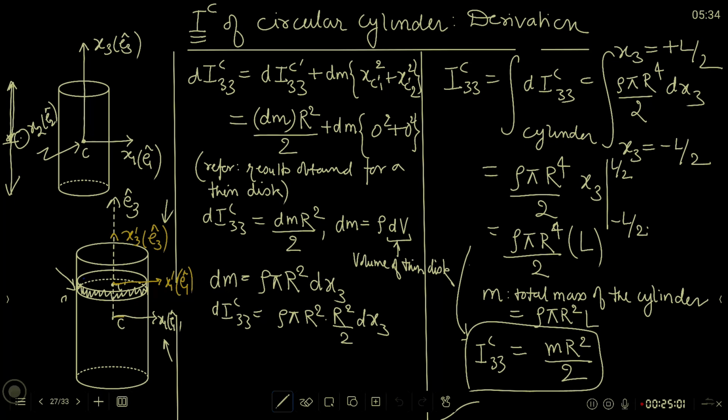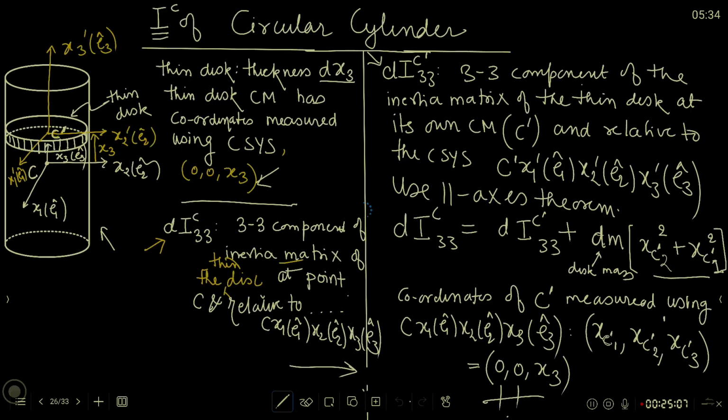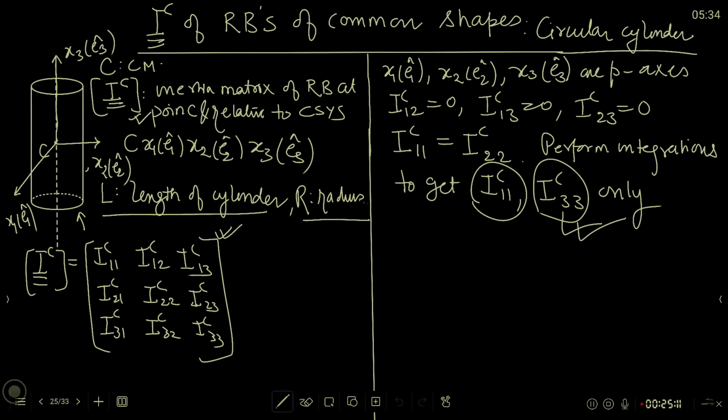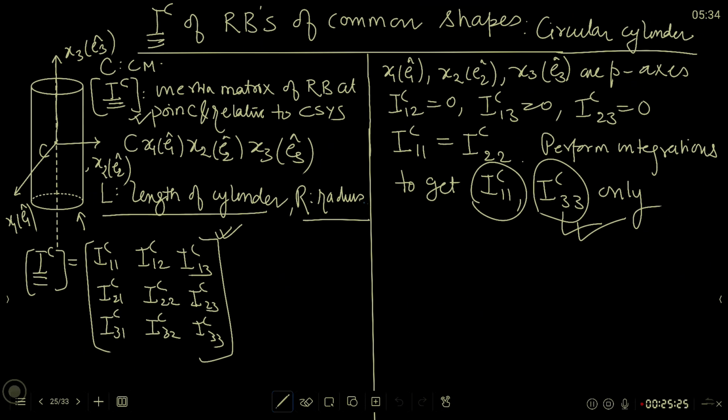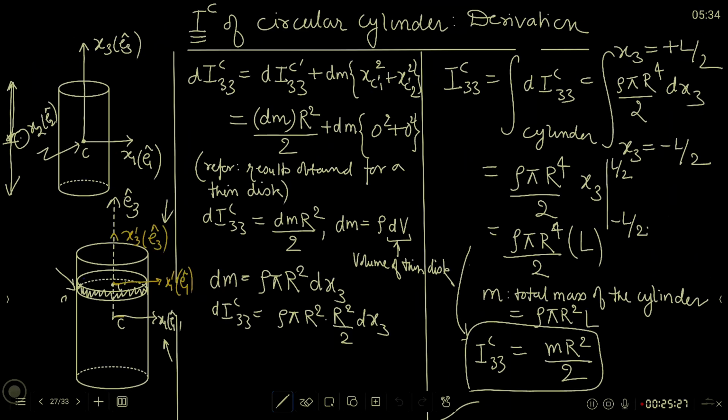So what is dIC'11? It again comes directly from the result that we obtained for the thin disk. This is M R square by 4. Of course, this M is actually the mass of the thin disk, and that distinction I will make when I write that expression here.